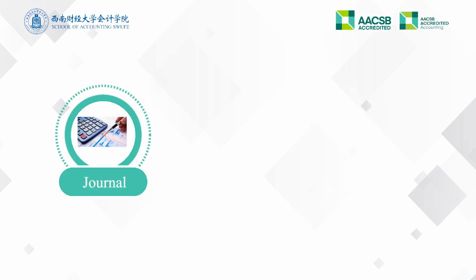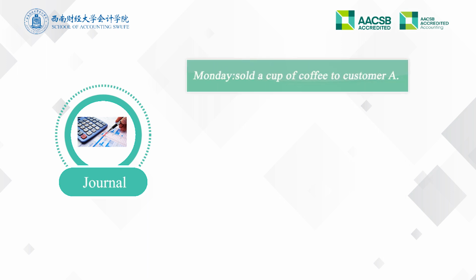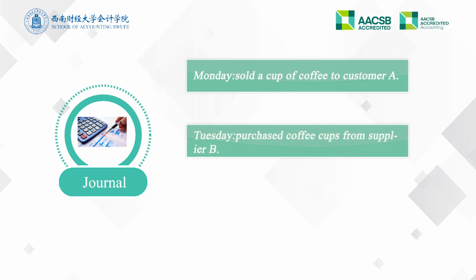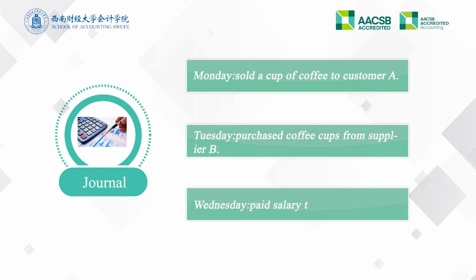For example, the journal shows it sold a cup of coffee to a customer on Monday, purchased coffee cups from a supplier on Tuesday, paid the salary to employee C on Wednesday, and so on. All records in a journal are ordered by the transaction time.